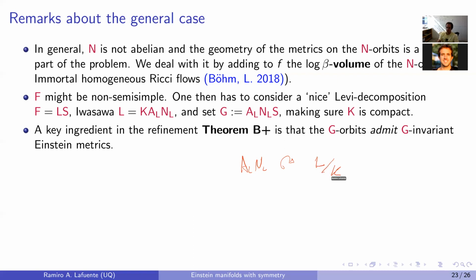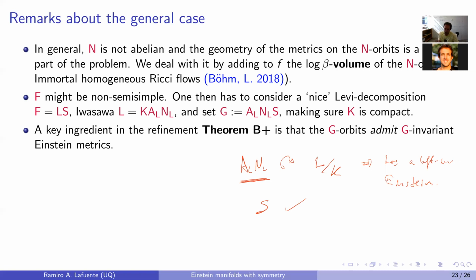So therefore, it has a left invariant Einstein metric, the symmetric metric. The same happens with S by the structure theory for homogeneous Einstein spaces. So we knew this already.